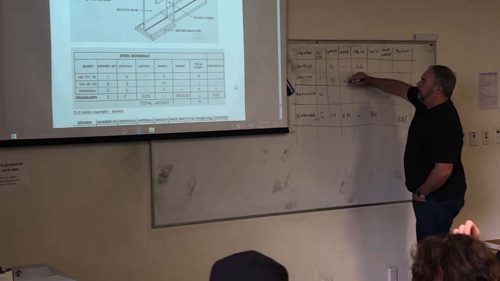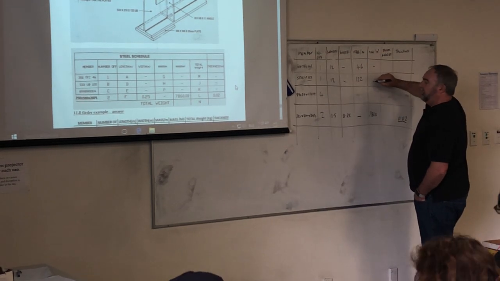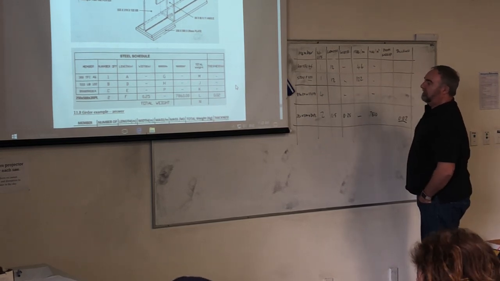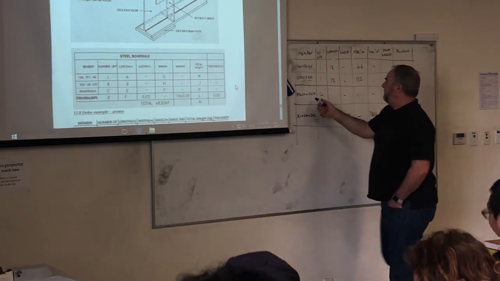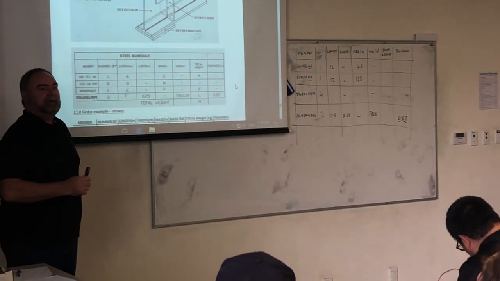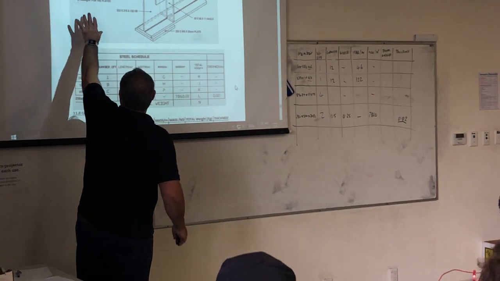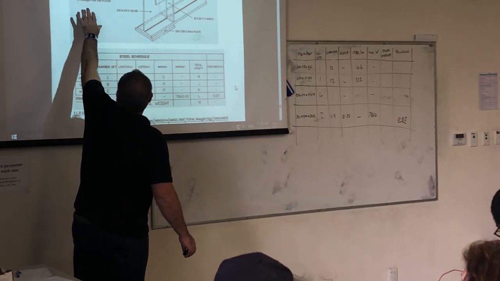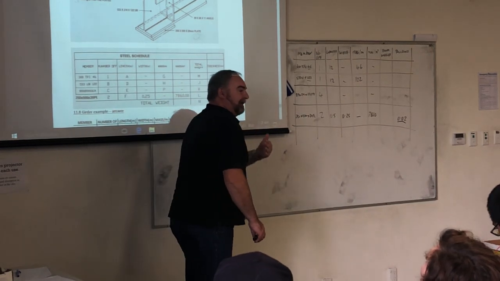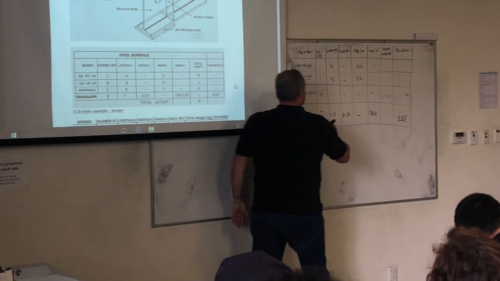Nothing on here, nothing on there, nothing on there. The mass per metre of the angle, now that was tricky, you had to work that out in the assignment, you don't have to do it for the test. The mass per metre for the angle is 14. If I use a different angle, it may be a different number.